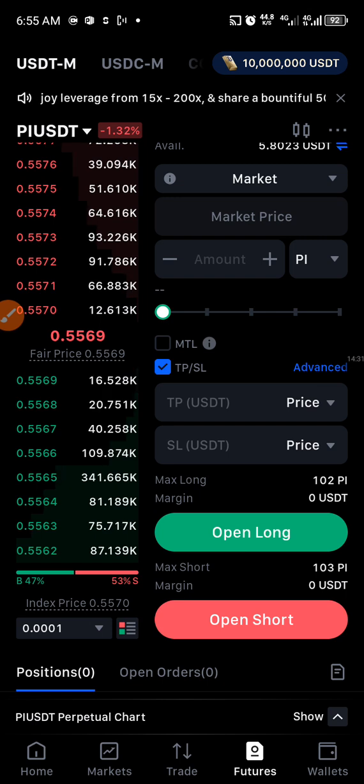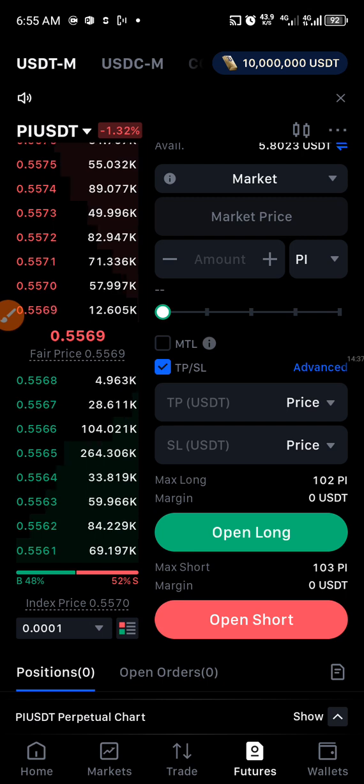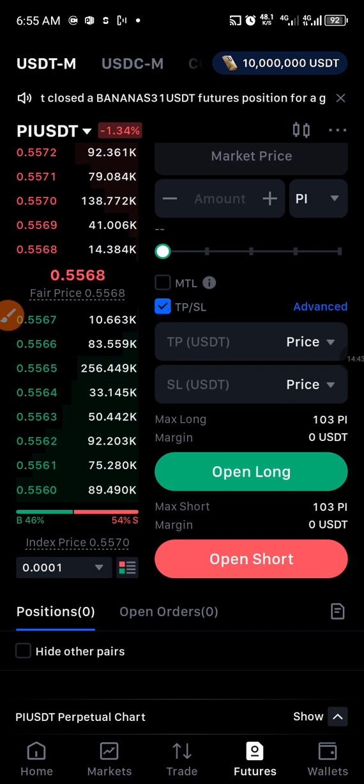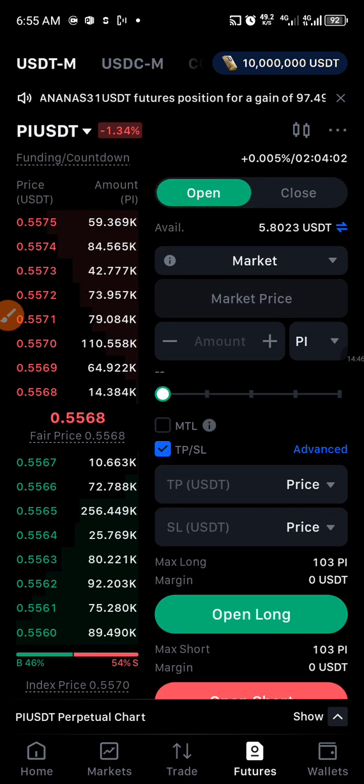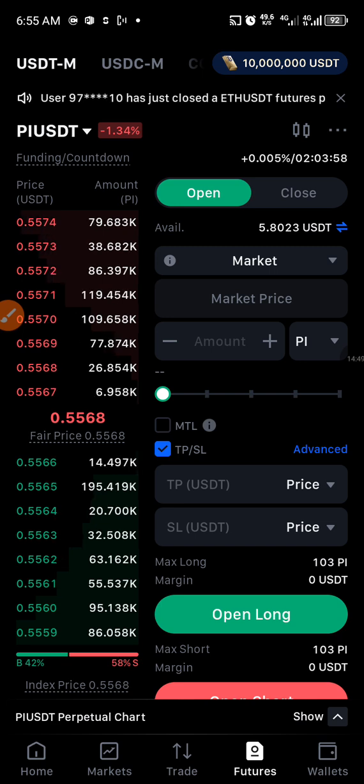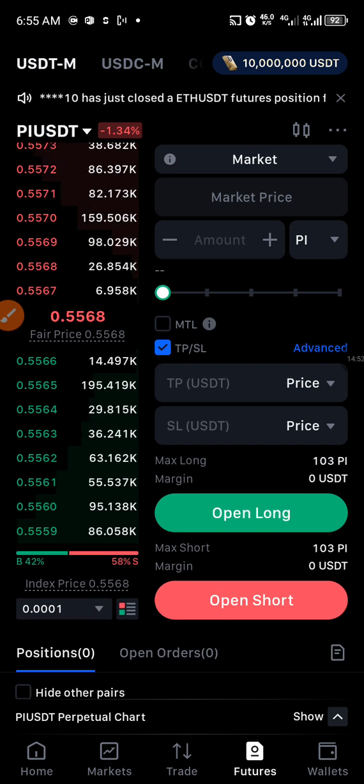But short, you are entering the trade meaning that the price of the coin is going to decrease. So long means you are suggesting that it's going to increase, while short means the coin is going to decrease in price.